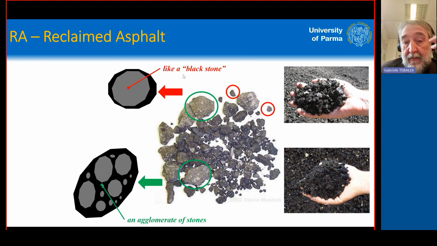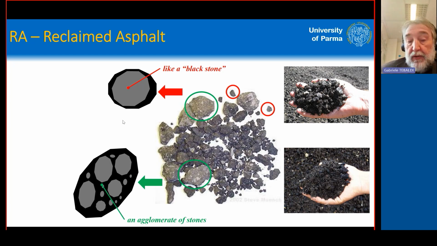So basically, we have something that we can define like a black stone, that is a stone covered by the aged bitumen, and in general the smaller particles, or what we can define as an agglomerate of stone or cluster. That is basically the biggest part. These are the biggest component of reclaimed asphalt and are again mainly the result of the milling operation.